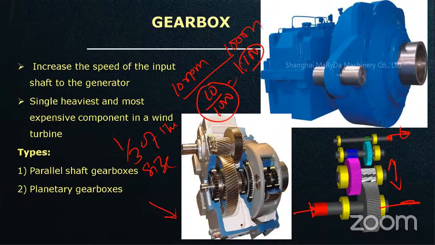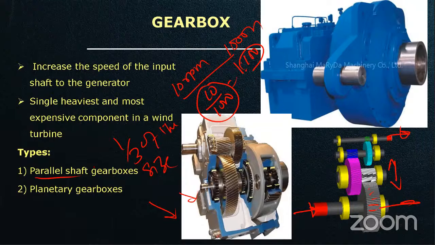The other advantages depend on the operation. If you want smooth operation, then we always use parallel gears. It depends on the number of stages. The first two stages may use the planetary gearbox, and the last stages will use the parallel shaft gears. That is the way it is used in the gearbox.